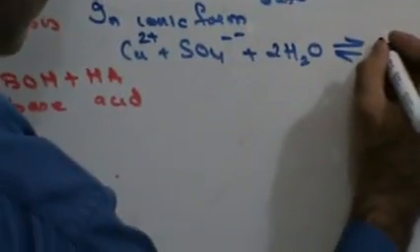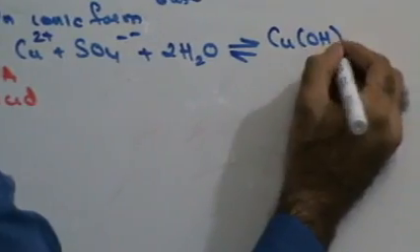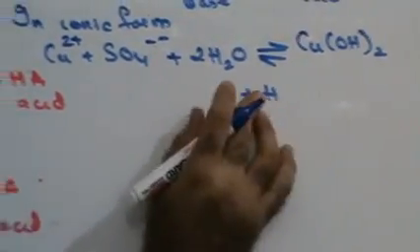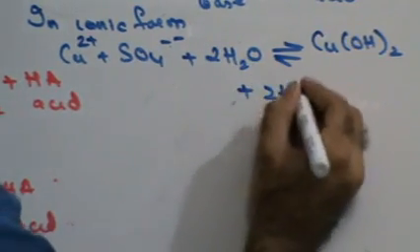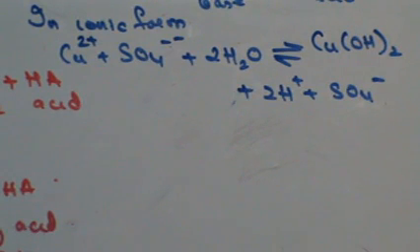Since this is a weak base, it will not dissociate, plus strong acid will give you 2H+ and SO4 2-. The weak base will not dissociate, the strong acid will dissociate.